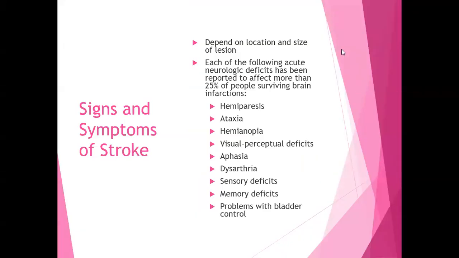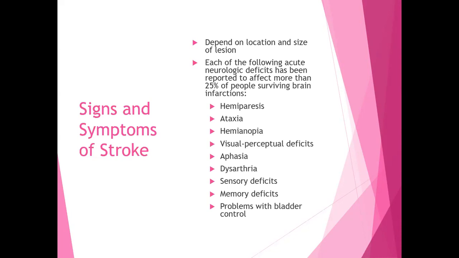So the signs and symptoms of a stroke are going to depend on the location and the size of the lesion. That makes sense, right? So this list of neurological deficits has been reported to affect more than 25% of people surviving brain infarctions. So hemiparesis, which is weakness on one side of the body. Ataxia, so that's uncoordination.